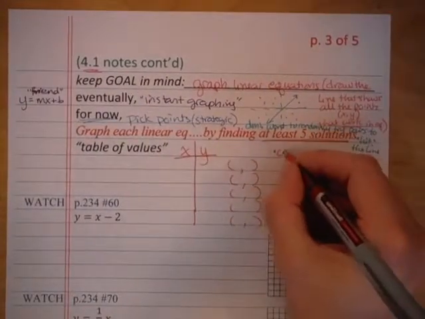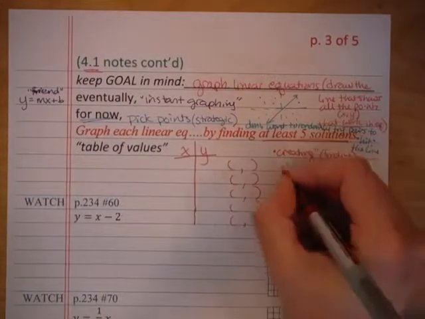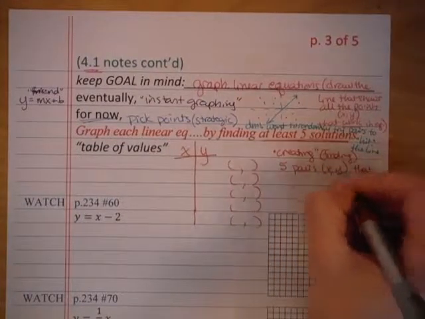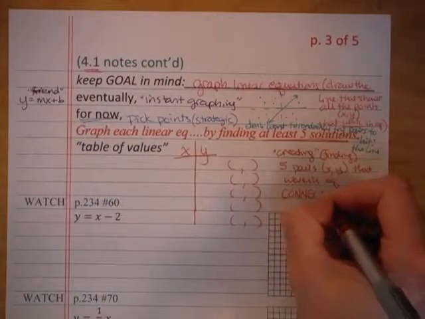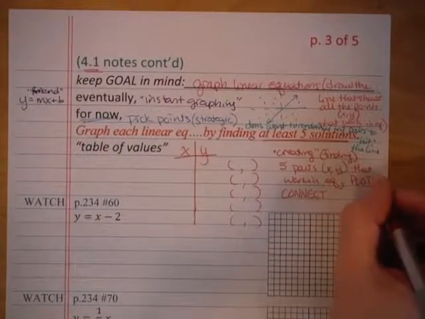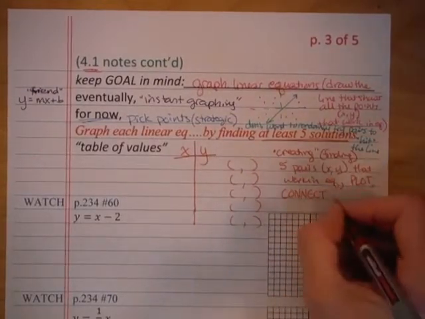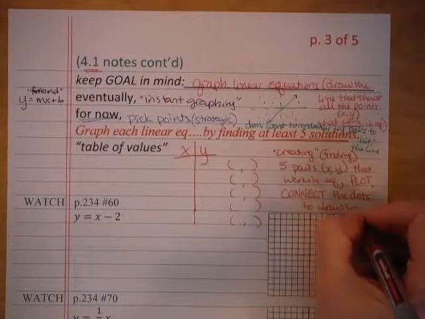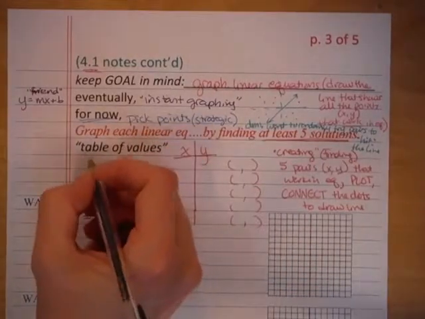We're finding 5 pairs x, y that work in the equation, and then we're going to plot them on the coordinate grid, the Cartesian coordinate graph, and then connect the dots to draw the line. So there are 2 steps here.